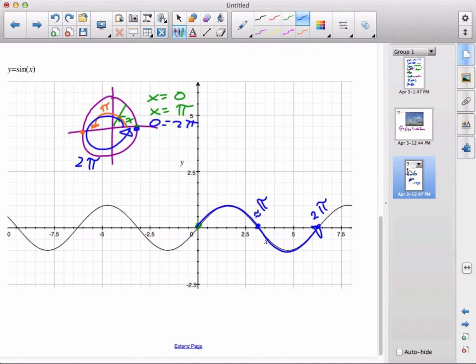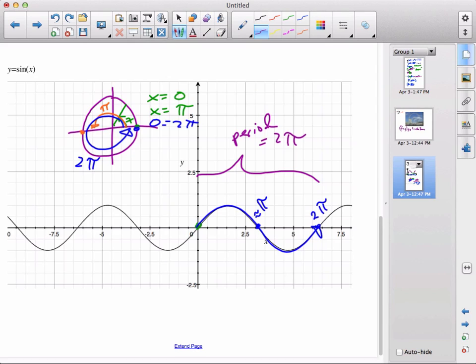Anybody know what we call this length? The amount of time, if you will, that it takes to complete one full oscillation? The amount of time or the amount of x. What do we call that? The period. We call this the period of a trig function, of a sine or a cosine or whatever function. And in this case, the period is 2 pi.